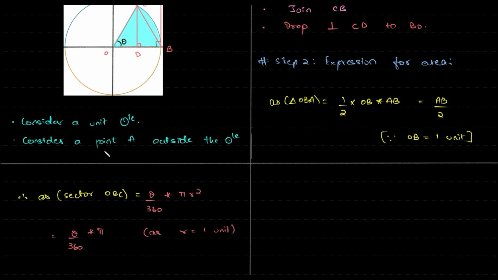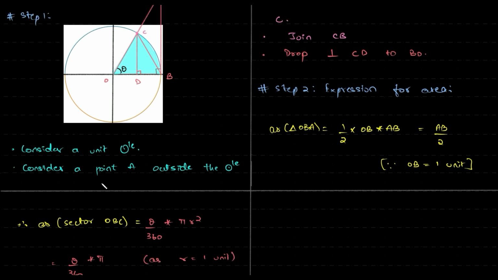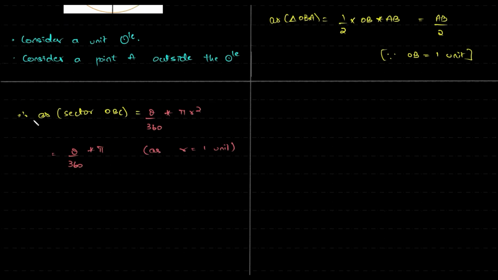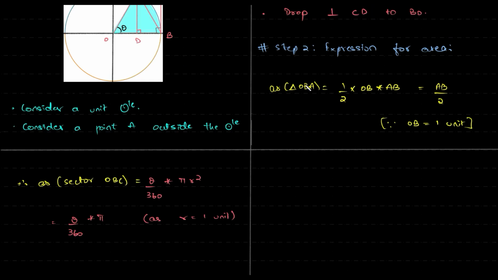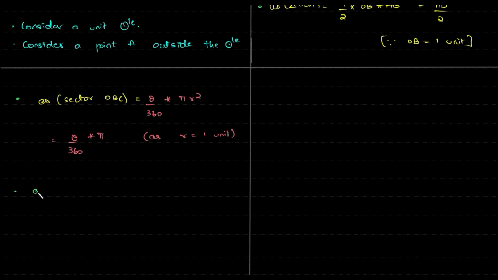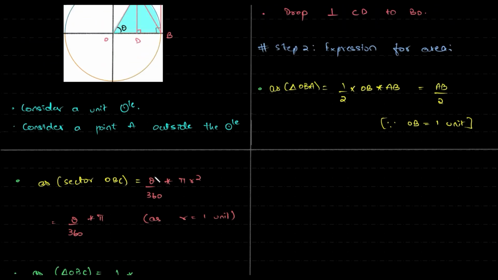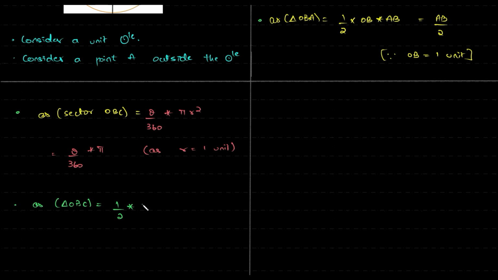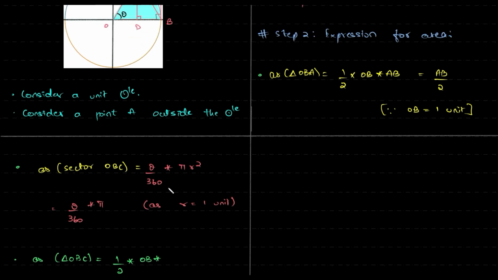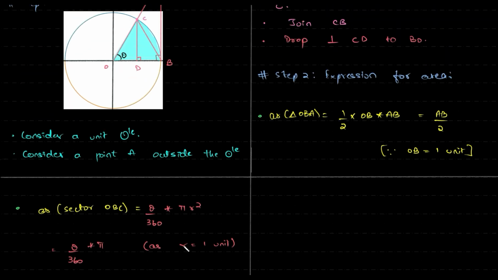This is the first, this is the second. And now we have the third, area of triangle OBC, not the sector, triangle. Half into base, which here is OB, into height, which here is CD.